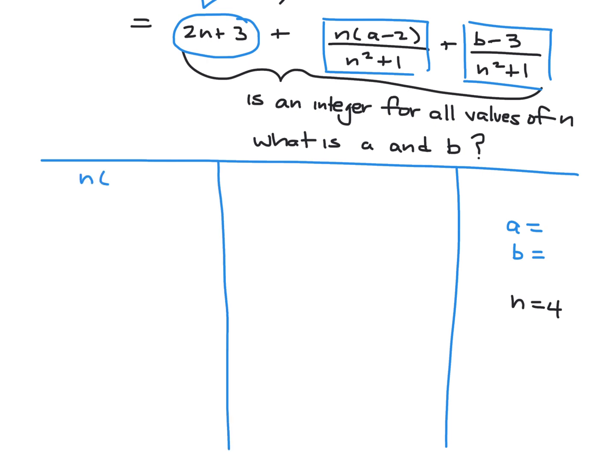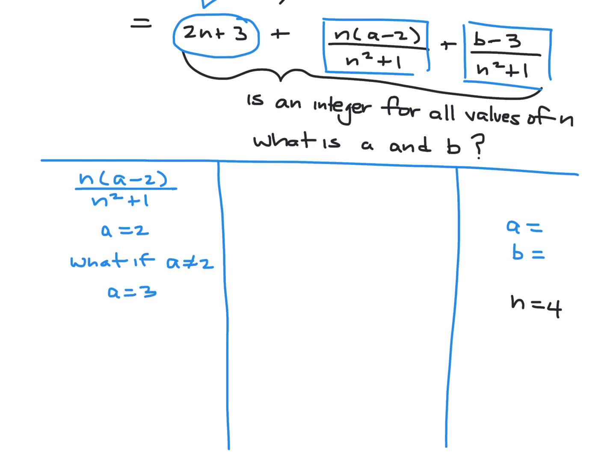So first let's look at (a minus 2) times n over n squared plus 1. For that one, we need to make this an integer. Well, if a equals 2, that will be a 0. So that's a very good candidate, right? If I sub in a equals 2, that becomes 0, and 0 is an integer. But what if a does not equal 2? Okay, so let's say a equals 3.